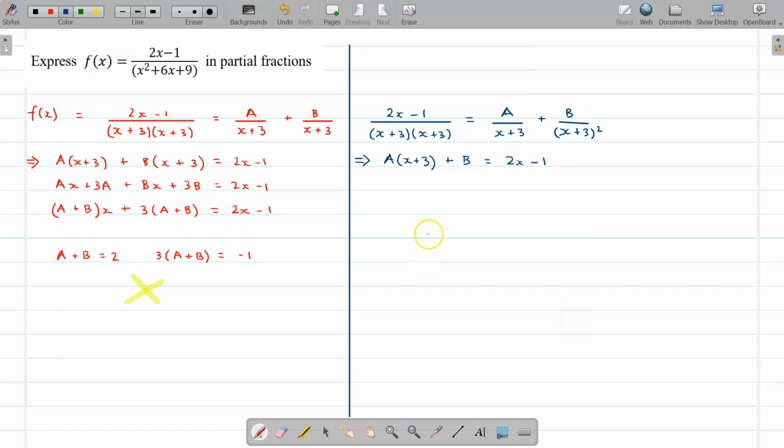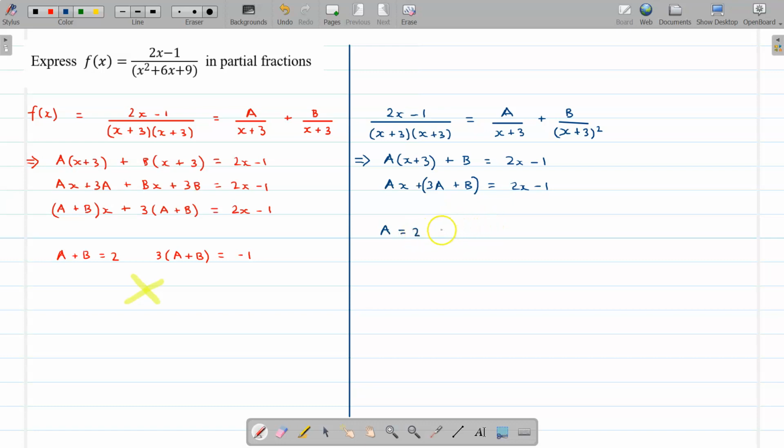Do the same thing, we just expand it all out. Ax plus 3a plus b equals 2x minus 1. Now if I just put a bracket round here, that kind of highlights the constant. And we therefore say that ax must be 2x, therefore a is 2. So from here I can say that a equals 2.